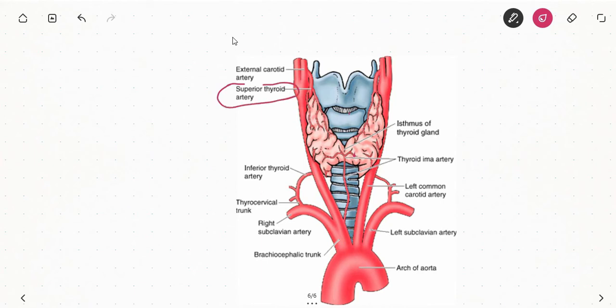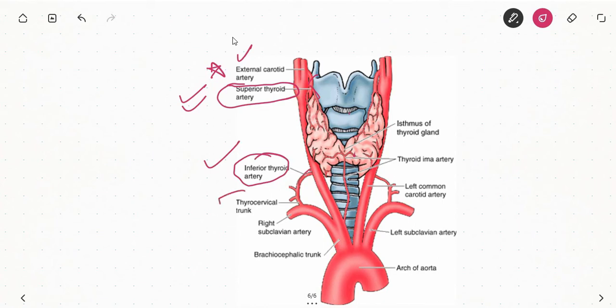The arterial supply is from the superior thyroid artery. So this one is the superior thyroid artery. It is a branch of the external carotid artery that enters the upper pole of the gland, divides into anterior and posterior branch, and anastomoses with the ascending branch of the inferior thyroid artery.